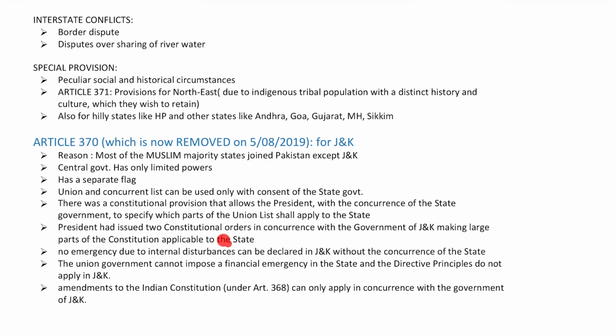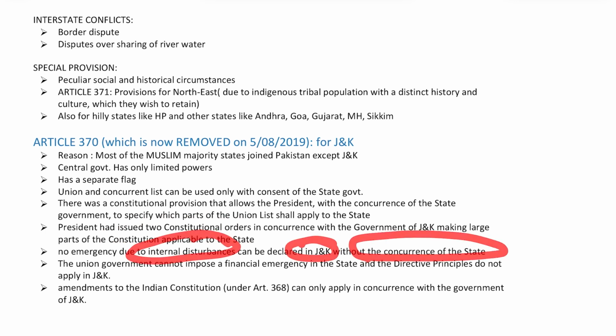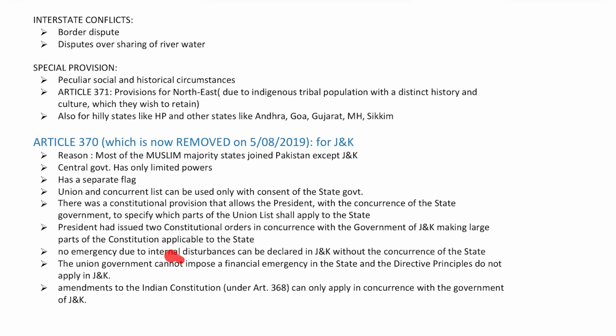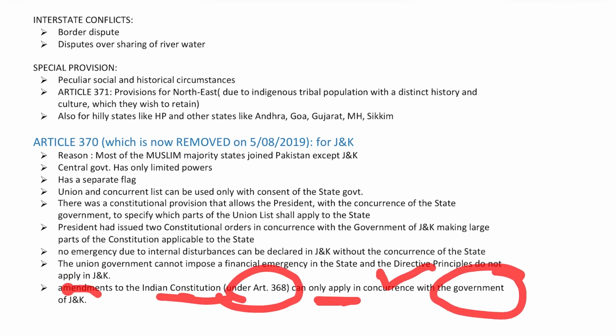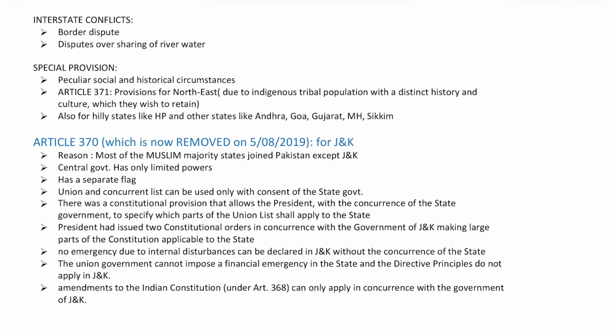No emergency due to internal disturbance can be declared in Jammu and Kashmir without the concurrence of the state. The union government cannot impose financial emergency in the state, and the DPSP do not apply in J&K. The amendments to the Indian Constitution under Article 368 can only apply in concurrence with the government of Jammu and Kashmir. So you could see that there was more emphasis on the state government than that of the center, unlike the rest of India.